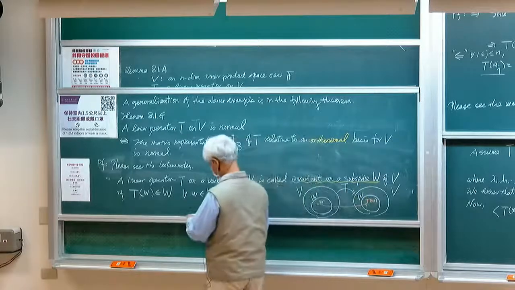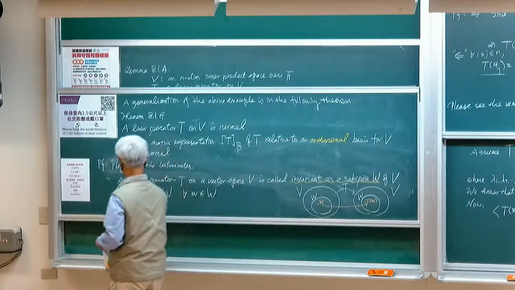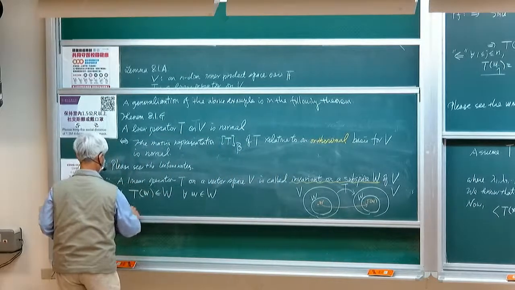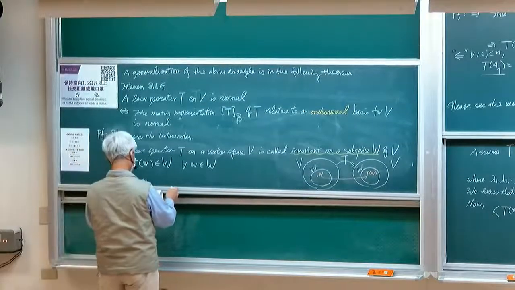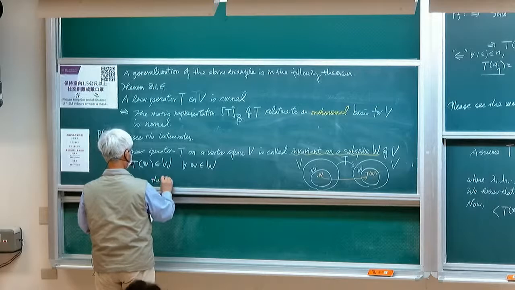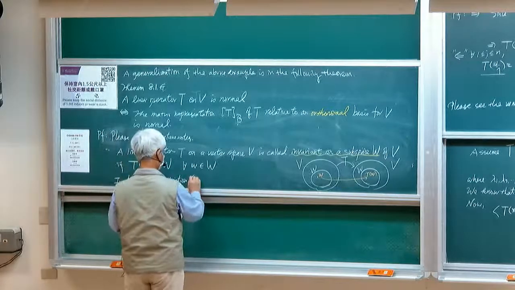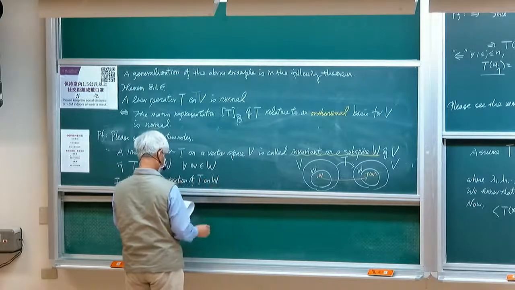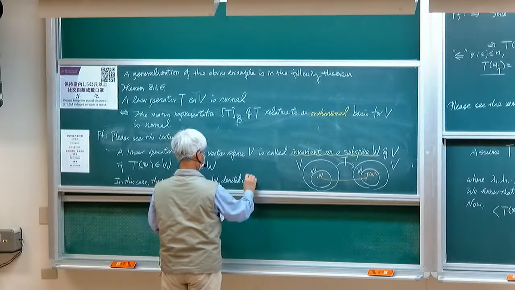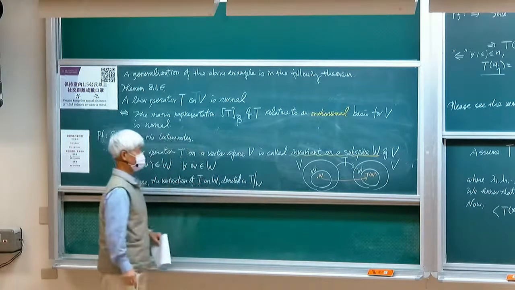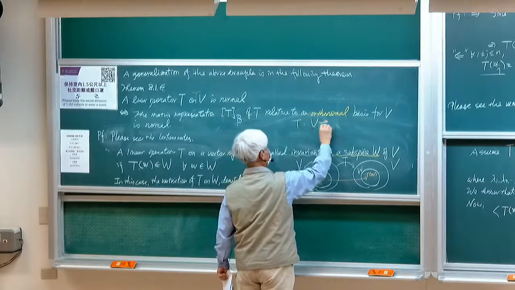All right, now in this case, the restriction of T on W, denoted as, okay, so restriction. Originally T is from V to V, right? Linear operator.